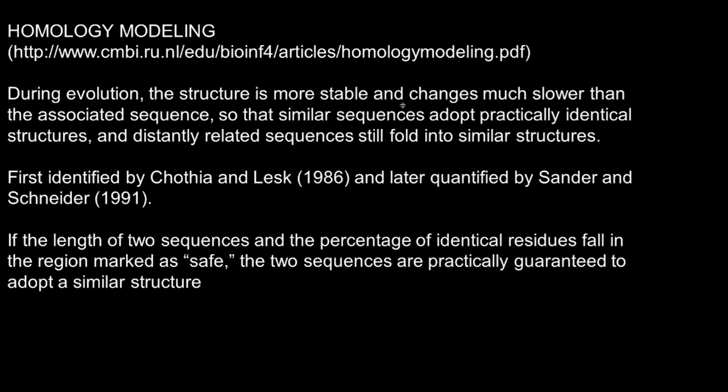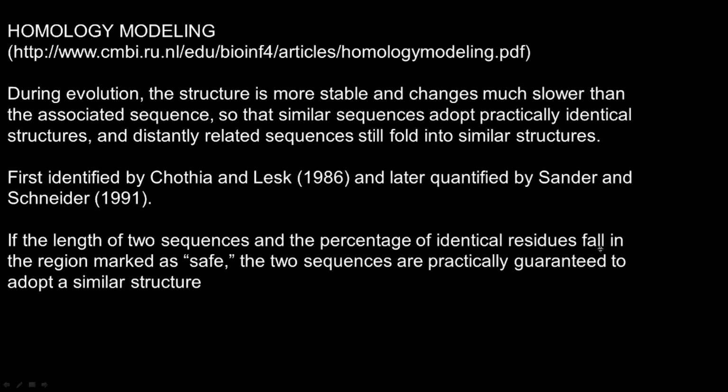So that means if the similarity is even 30%, 40%, we can say the three-dimensional structure will be almost the same. Even if sequences change, the structure is more stable. This was first identified by Chothia and Lesk, later quantified by Sander and Schneider.